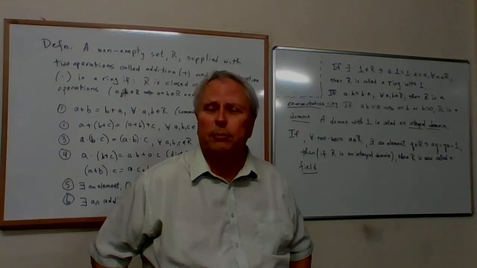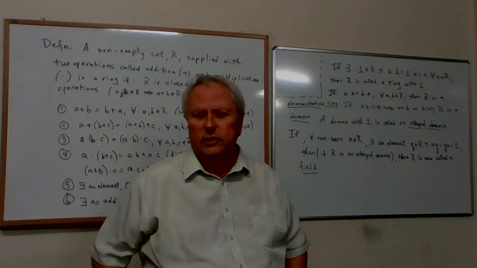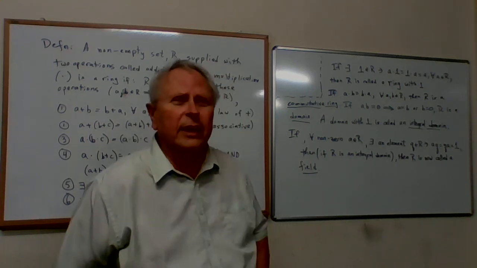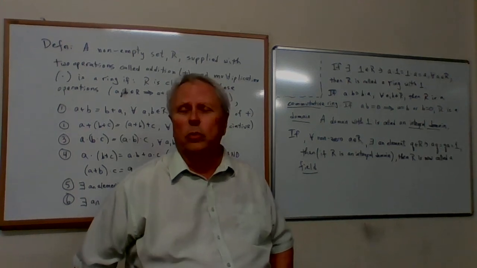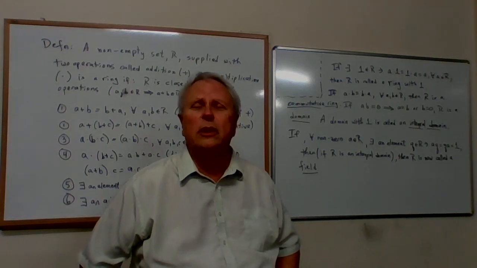But the complex numbers, those are a very special field, because in the complex numbers, they're what is called algebraically closed. And we're going to be talking about that property in the future, but let me just drop the hint now.